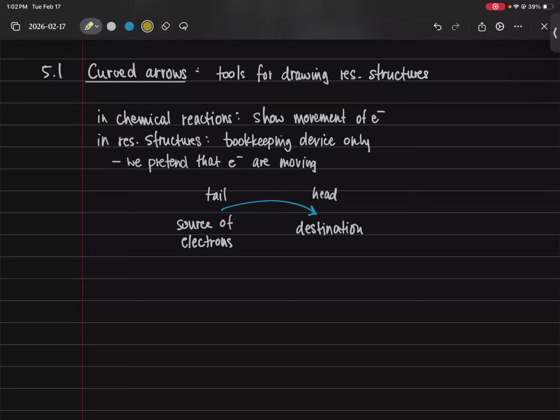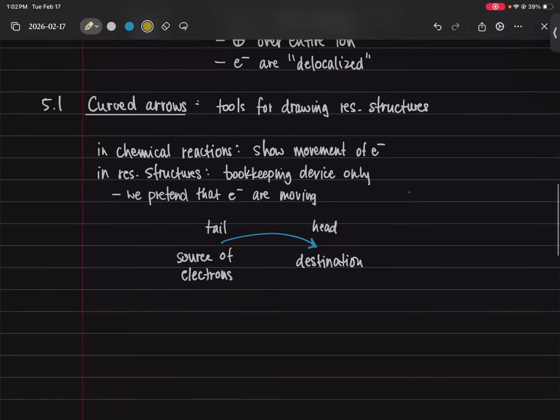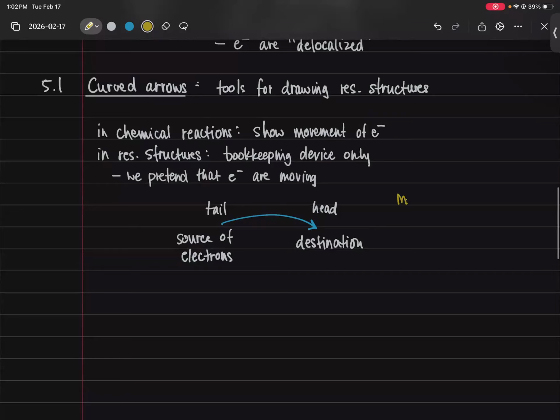Probably the biggest key to remember with drawing arrows, other than that you're showing the movement of electrons and not the movement of charges or atoms or anything else like that, is that these arrows must be drawn with very high precision.